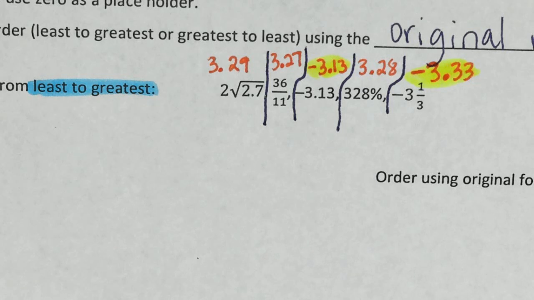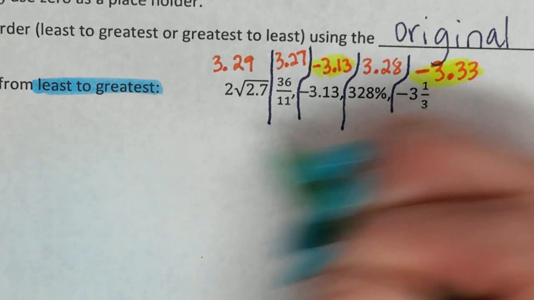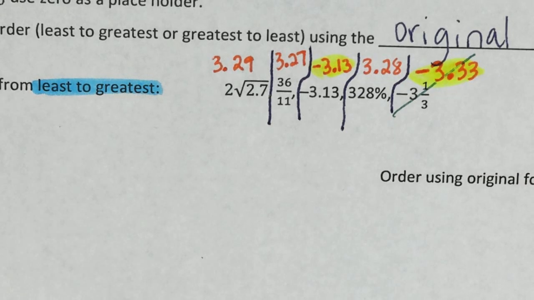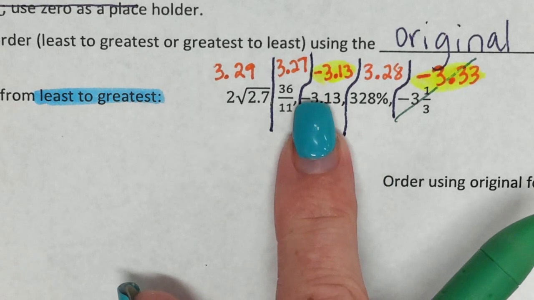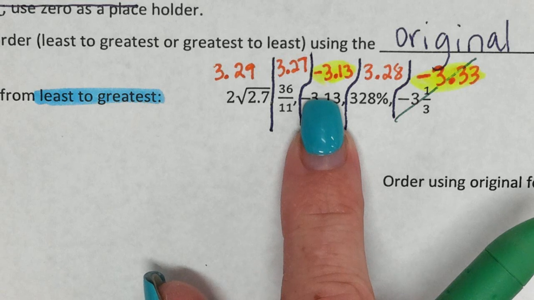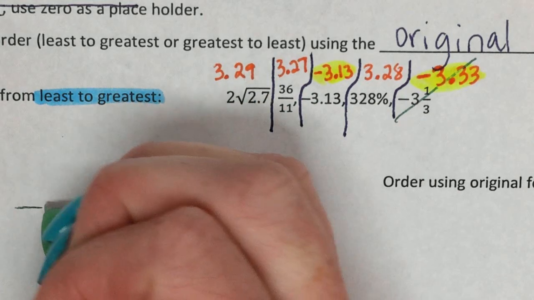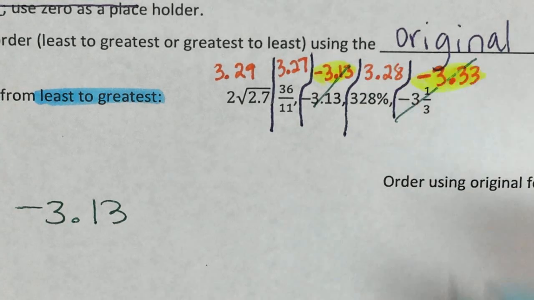Okay? Now I have to write it in its original number. Which one was the original number? -3 and 1/3. Now mark it out that you did it. Now which one has to come next? My other negative. Negative $3.13.